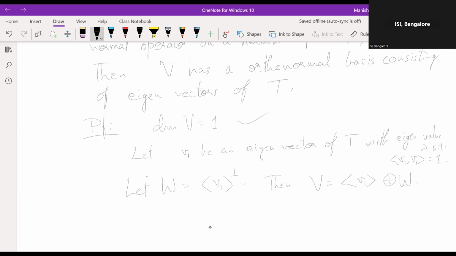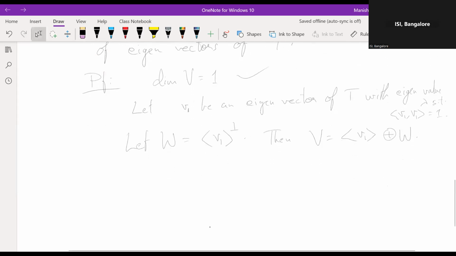Again, we'll have to prove some things. Of course, W is a Hermitian space, that is okay, but we'll have to prove that T(W) is contained in W. So again, the claim is that T(W) is contained in W, and once we prove this, we are done.